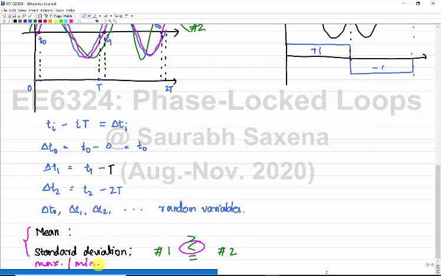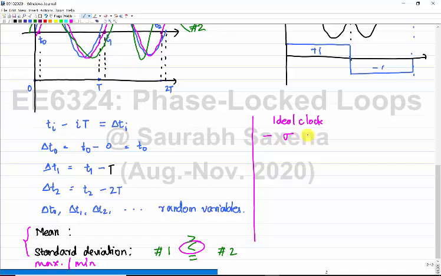You will find how much variation you are going to have in terms of zero crossing, or in terms of events. Ideally speaking, for an ideal clock, the standard deviation, signified by sigma, should be 0.